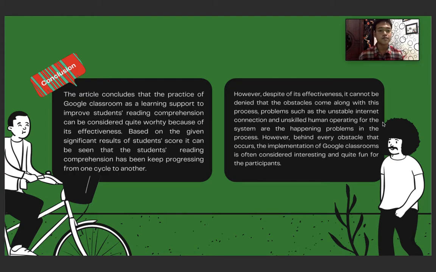However, despite its effectiveness, it cannot be denied that obstacles come along with this process. Problems such as unstable internet connection and unskilled people operating the system also happen in the process. However, behind every obstacle, the implementation of Google Classroom is often considered interesting and quite fine for the participants.